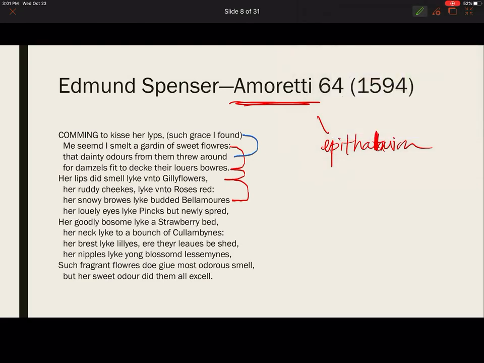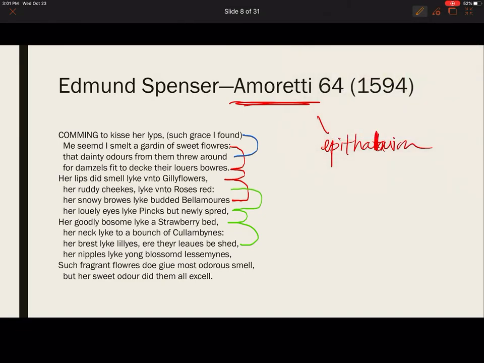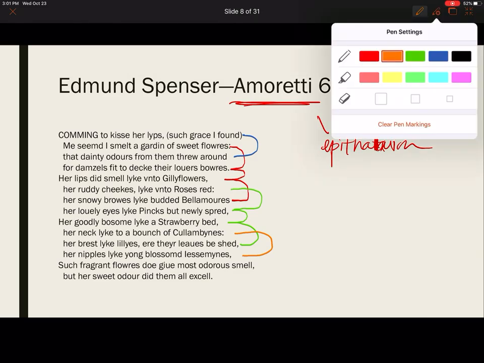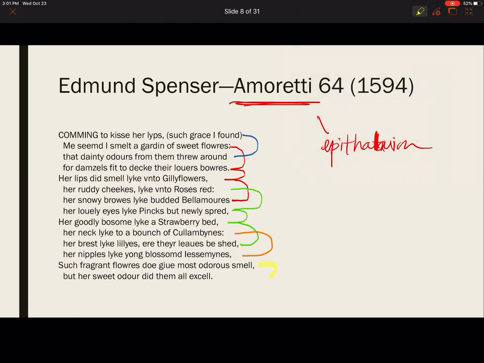I'm gonna switch my colors again. We get red, spread, bed, shed. Okay, I'm going to switch it to orange to show you the next one, okay? Columbines, Eglantines, right?